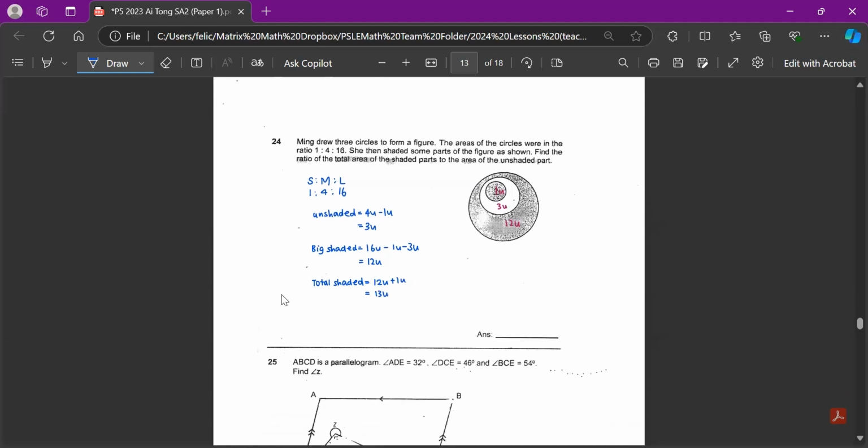So finally, we can write the ratio of shaded to unshaded. Shaded is 13, right? Unshaded is 3U as we see from the diagram. And this is the simplest form already. 13 is to 3.